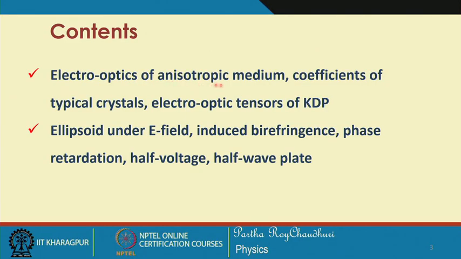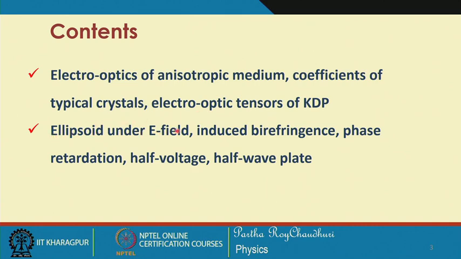For this purpose we have organized the discussion in this way: electro-optics of anisotropic medium, coefficients of the typical crystals. We will provide a list of the typical crystals with their properties, refractive indices, and electro-optic tensor coefficients.